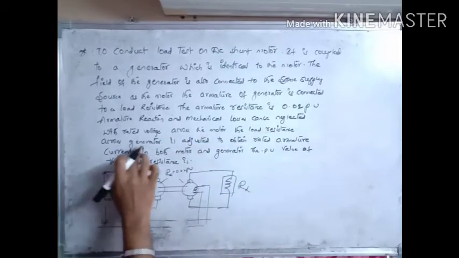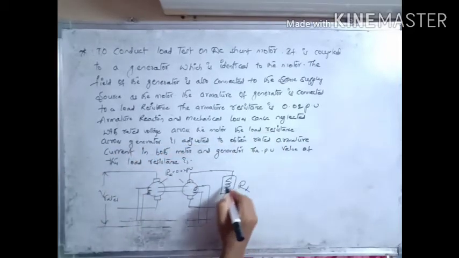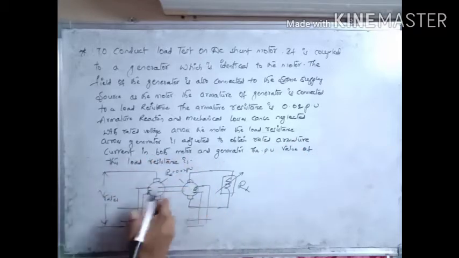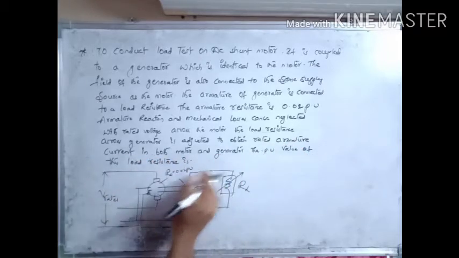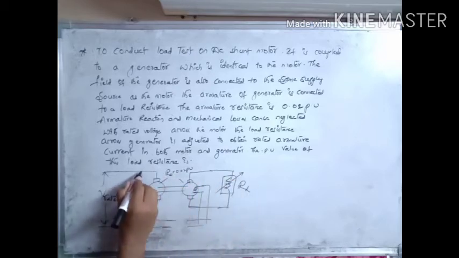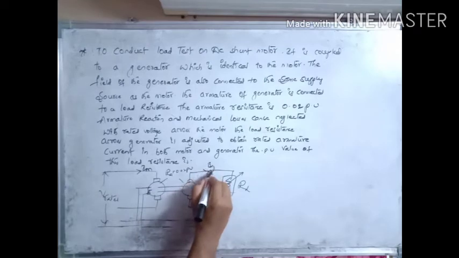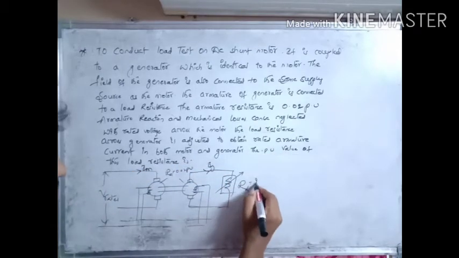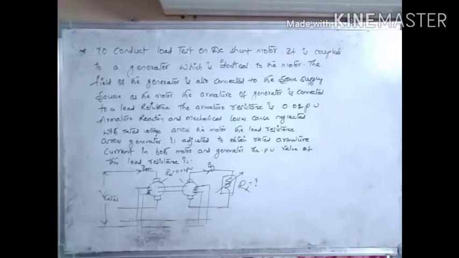The load resistance across the generator is adjusted to obtain rated armature current in both motor and generator. That is, this is adjusted to get the rated current of motor and generator. The pu value of this load resistance is what we have to calculate.